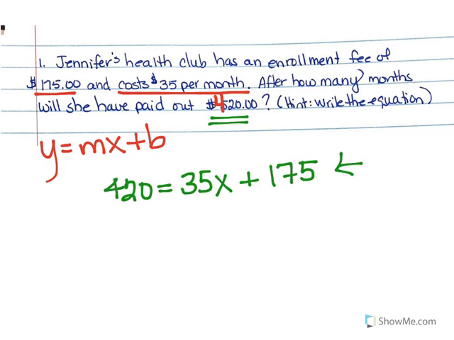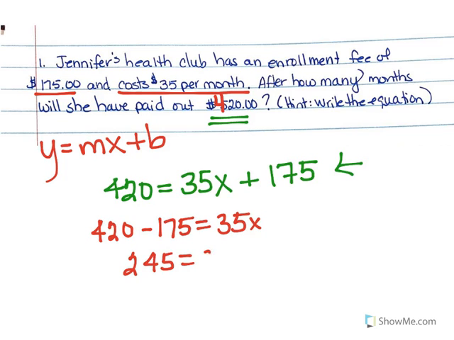But we're going to go ahead and just solve this like an equation. 420 minus 175 is equal to 35x. 420 minus 175 gives us 245 is equal to 35x, and then we have to divide both sides by 35, and that will give us x is equal to 7.